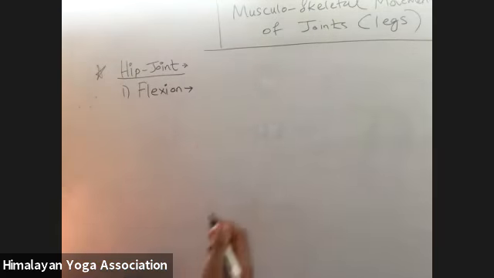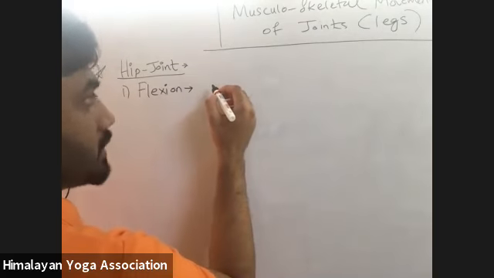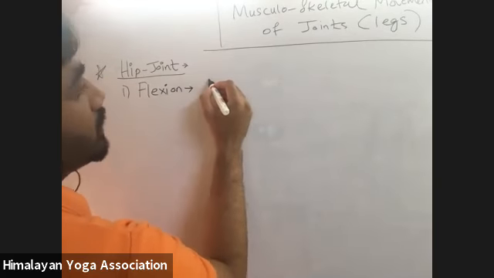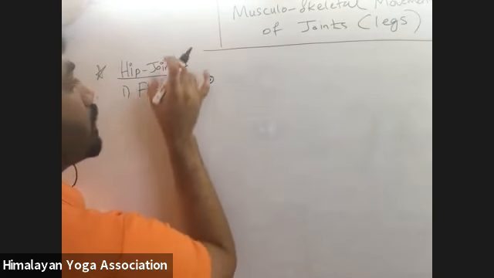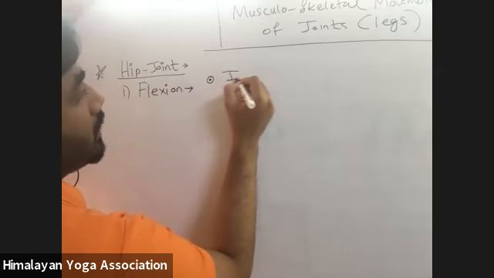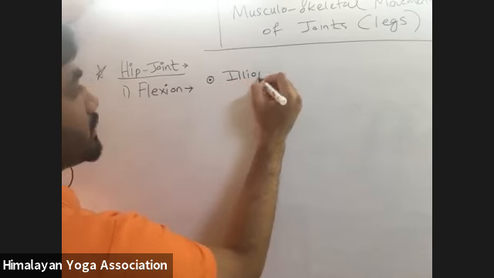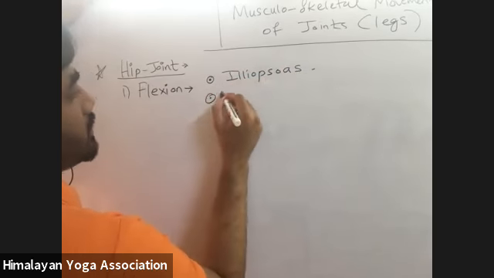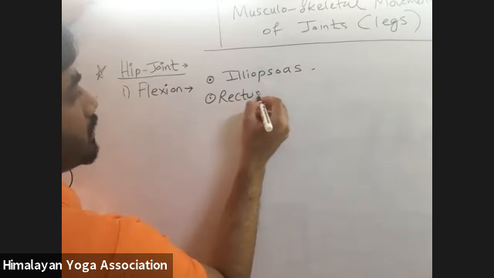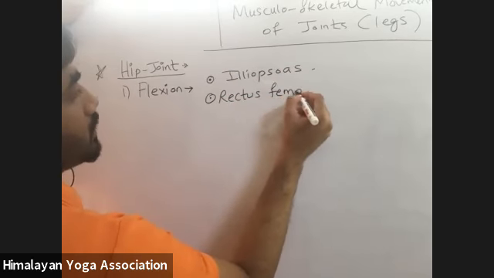In this hip flexion movement, the muscles which help the flexion of the hip joint are the iliopsoas muscle as well as the rectus femoris muscle.